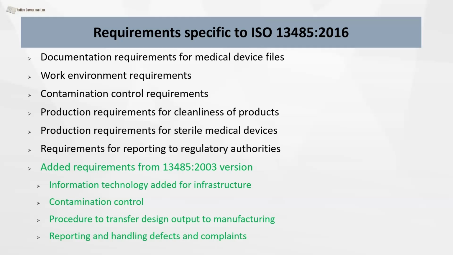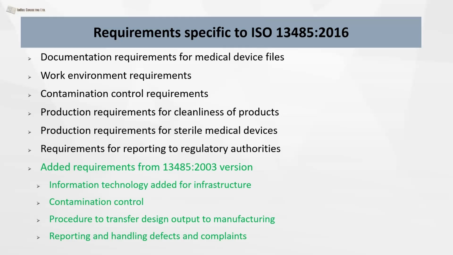Now, some recent additions to the 13485 are that they've added IT into the infrastructure. So obviously there's so much information that has to be collected and maintained that the IT department definitely has a role in this process. Okay, contamination control. Again, they're emphasizing obviously how you are going to prevent contamination from affecting the product.